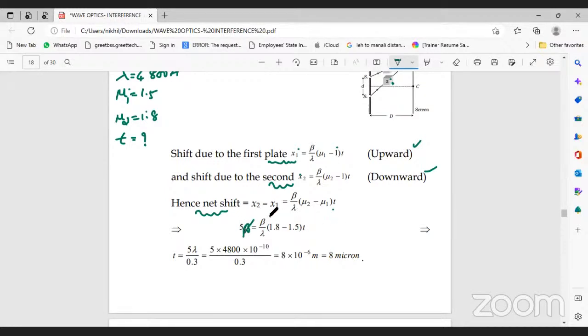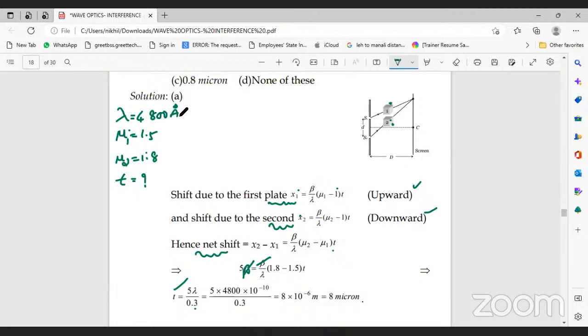So beta and beta cancel. Cross multiply: 5 lambda divided by 0.3 is equal to T. Substitute the lambda value, which is 4800. 5 times 4800 divided by 0.3, and you will get 8 micron.